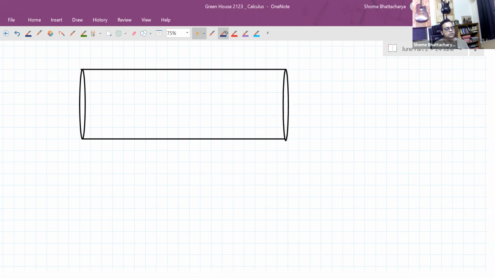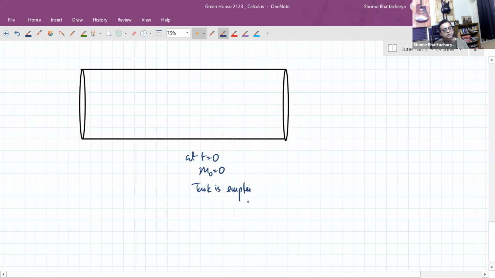Now, first of all, at t equal to 0, the mass of gas in the tank is 0. The tank is empty. But right from t equal to 0, there is an inlet or some pump mechanism which is pushing in gas at a certain rate.